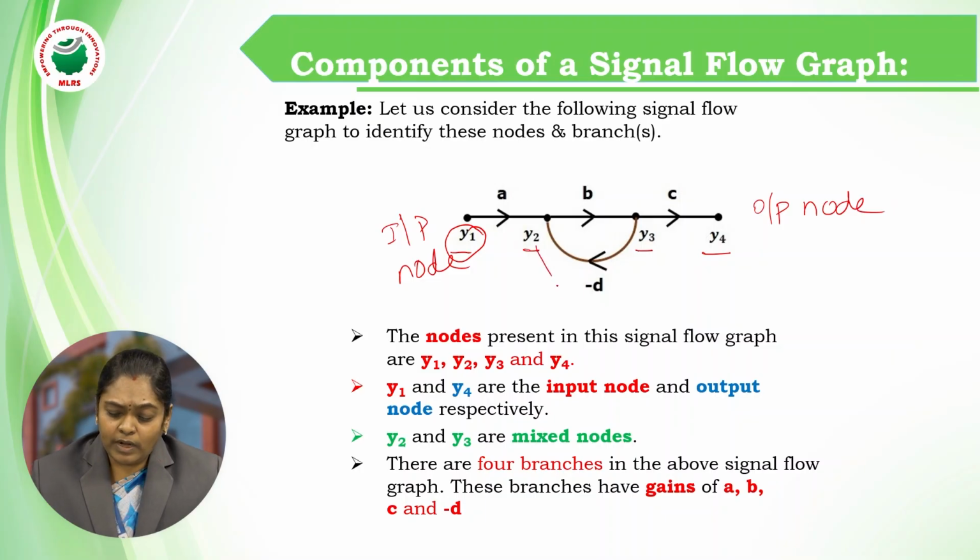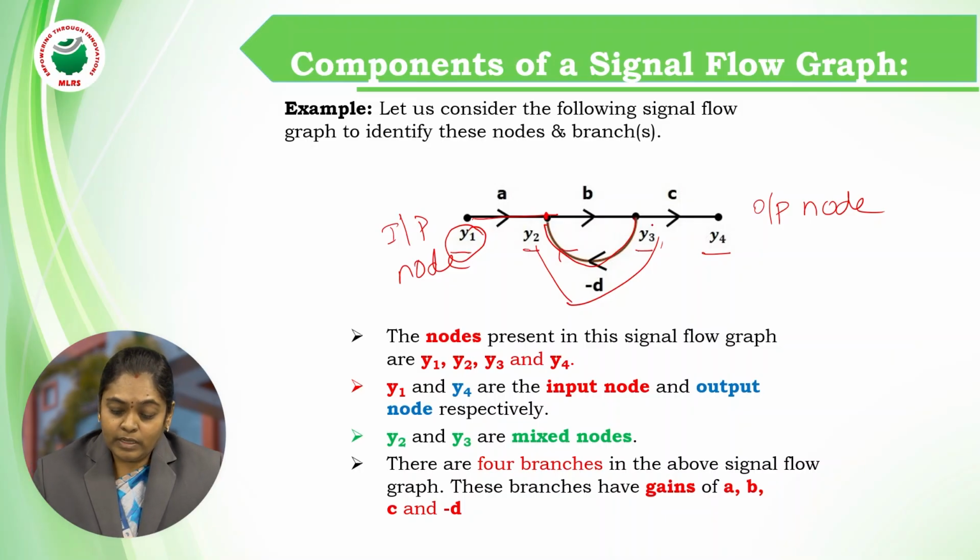But if you observe this y2 and y3, in this y2, one is incoming branch from y1 and the other is also an incoming branch from y3. So here there are two incoming branches. That is one branch you are getting from y1 node and the other branch you are getting from y3. Similarly, after getting at a point of y2, it is leaving from y2 to y3. So as it consists of both input entering as well as leaving, this y2 and y3 are called as mixed nodes.